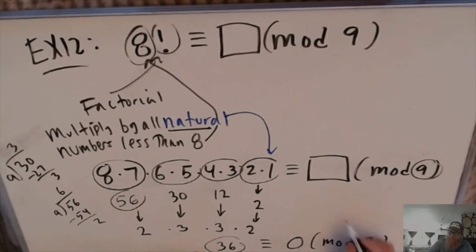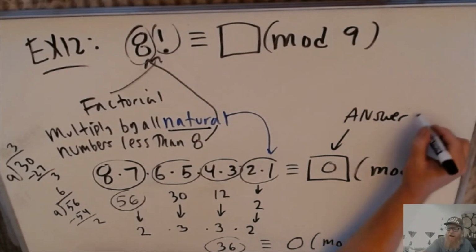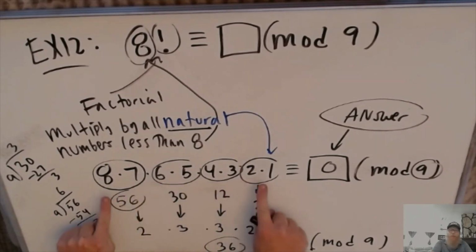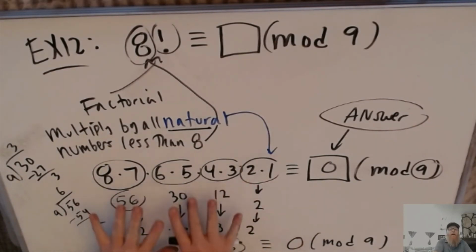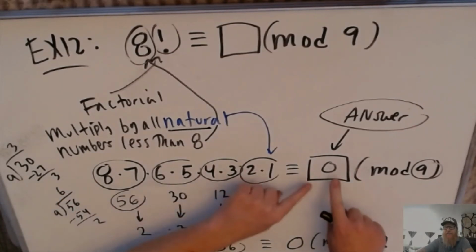So 36 is equal to 0 mod 9. So notice that none of these numbers were actually equal to 9, but when I multiplied them all out, I got 36, and 36 is a multiple of 9. So every multiple of 9 is essentially like 0.